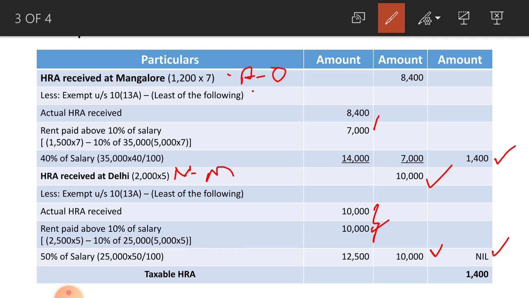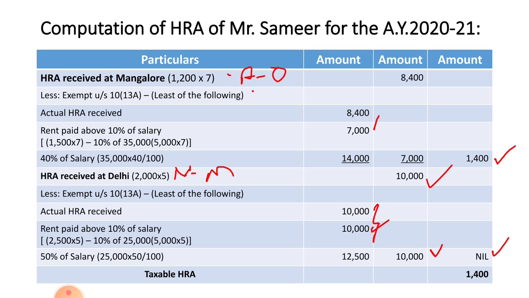Here taxable HRA of Mr. Samir amounts to rupees 1,400 only, because you have to consider 1,400 taxable HRA at Mangalore, since taxable HRA received at Delhi is nil. So, this is the solution to this problem.